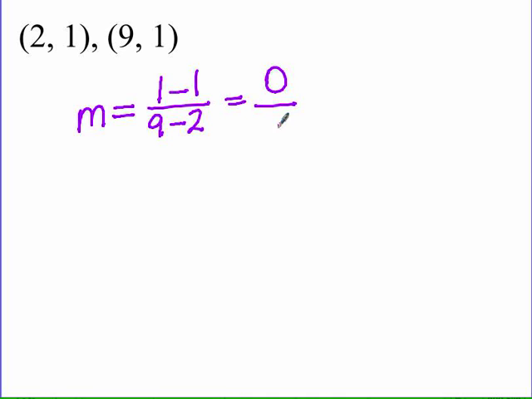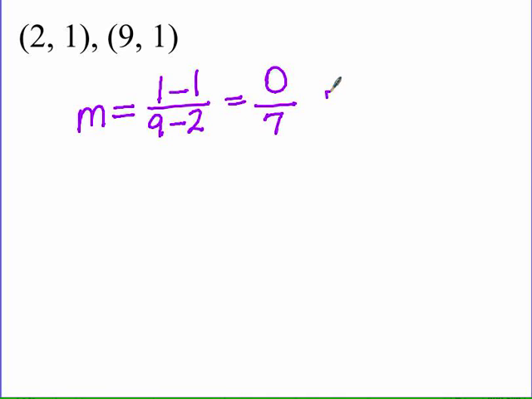So real quick, let's look at this one, because this one is a little different. 2, 1, and 9, 1. So what do I do? 1 minus 1 over 9 minus 2. Well, what is 1 minus 1? 0. What is 9 minus 2? 7.